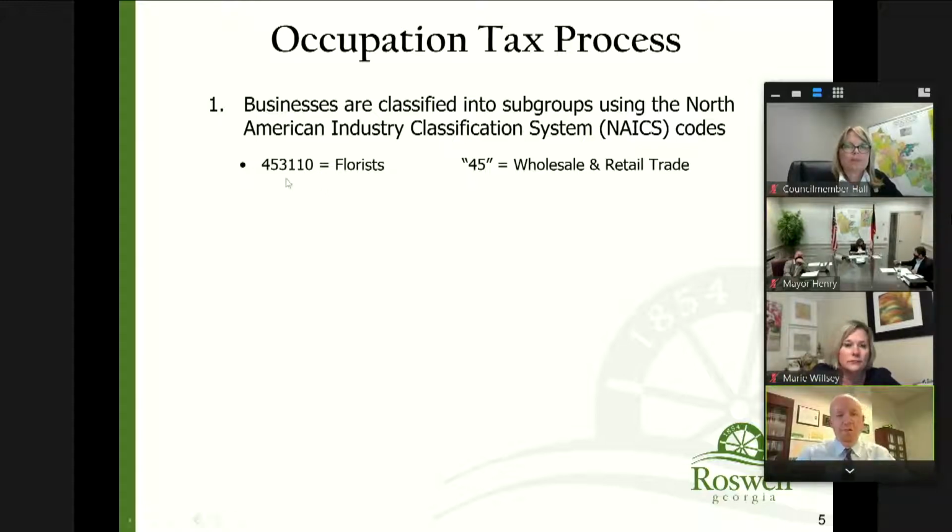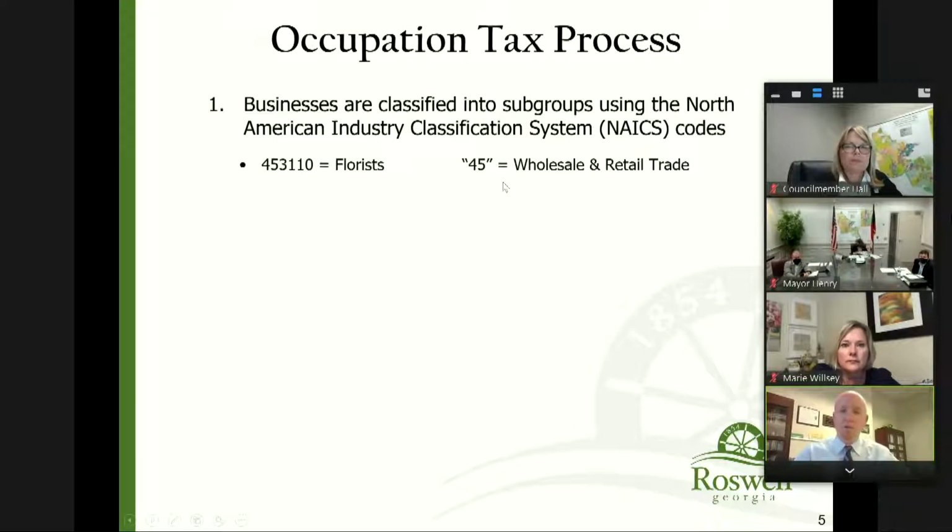For this instance, this 6-digit code is specifically for florists. You can also go to a higher level classification based on the first 2 digits of the NAICS code, in this case a 45. The name of that category is wholesale and retail trade. So we classify those businesses into these subgroups.